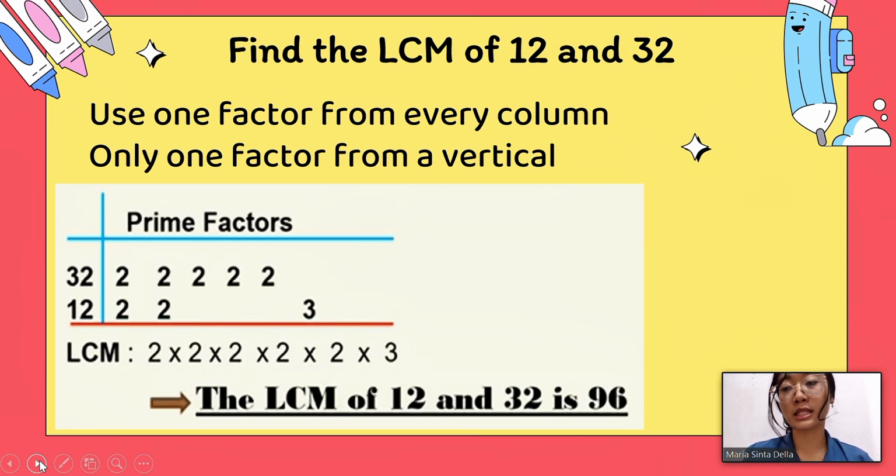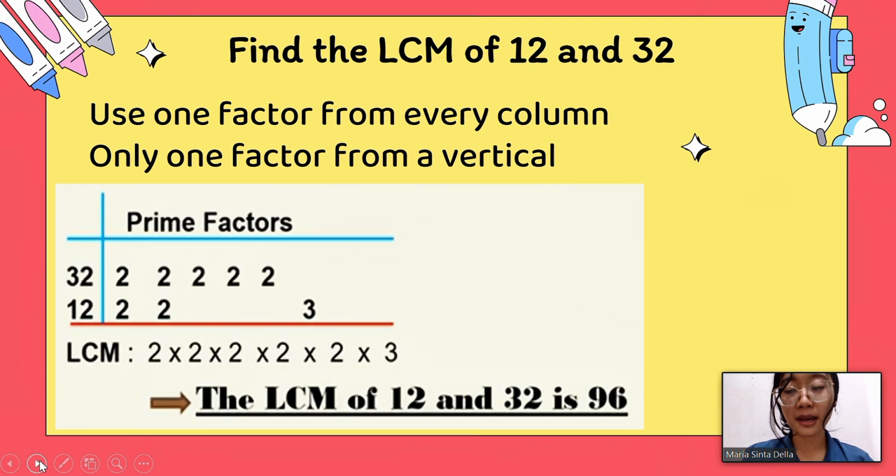Using columns, we match the like factors, and leave a space where there's no match. 32 has the prime factor 2, 5 times. 12 has the prime factor 2 twice, I leave a space, and then the remaining prime factor 3. I put a line under the prime factors to help me. Finally, we find the prime factors of the LCM.